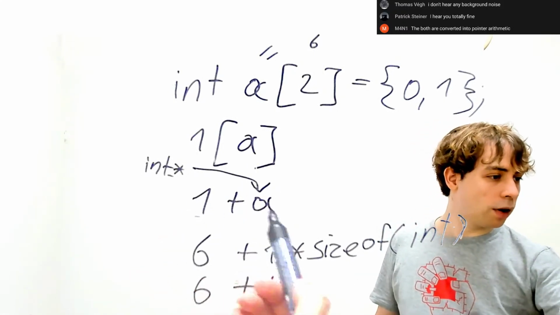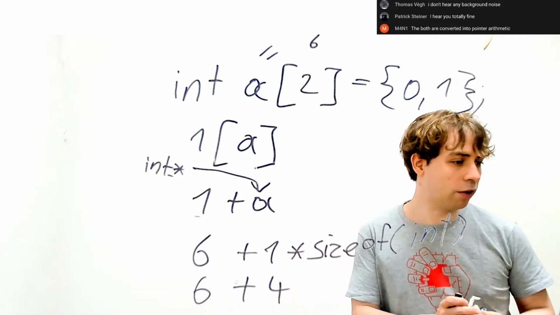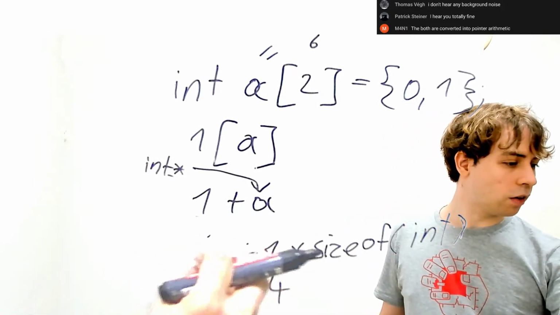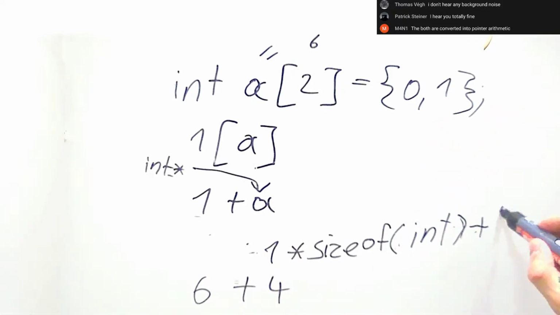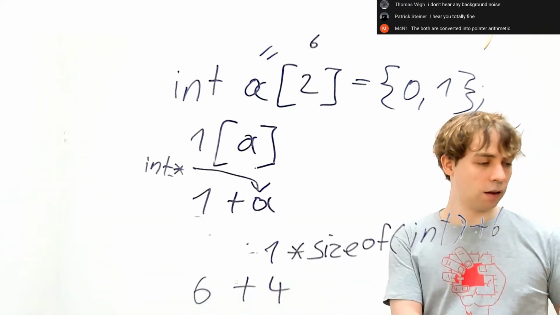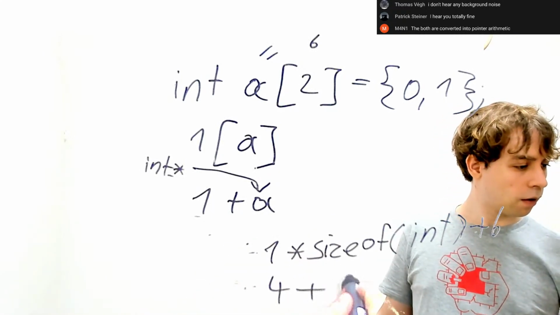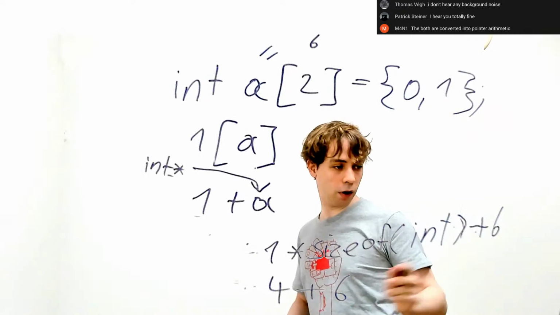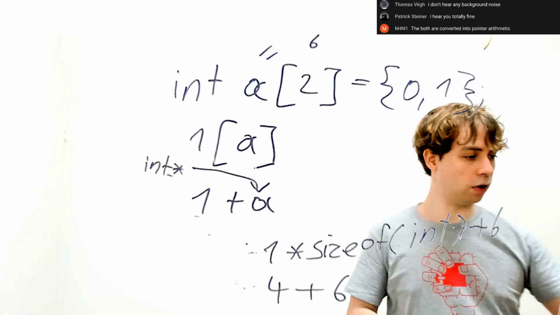And if we add 1 to an integer pointer, it still uses the same arithmetic. The only thing that changes now is the order of operations here. So this is 4 plus 6, and this equals 10. Oh, you can't see the 10 anymore, but I actually wrote that down there.